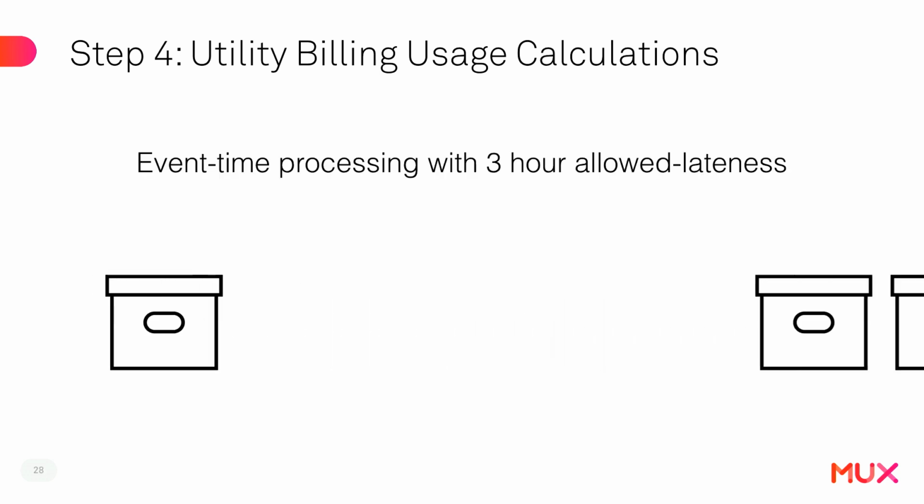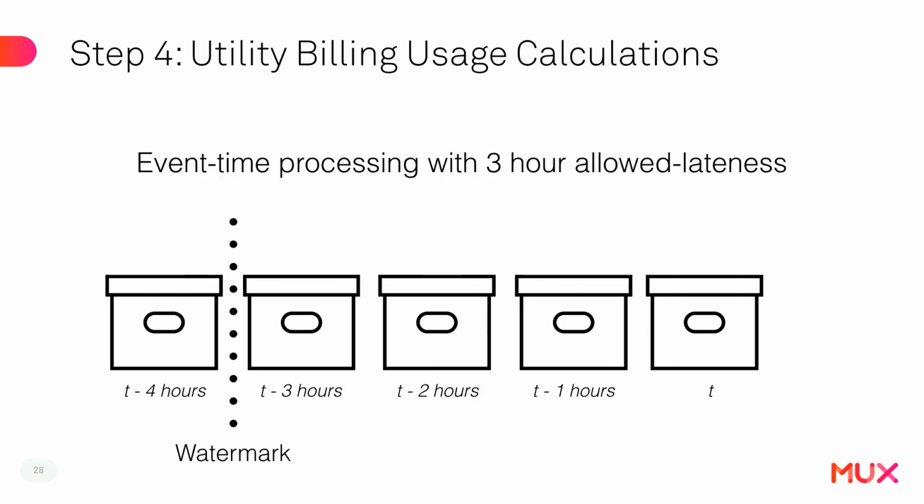So we support up to 3 hours of allowed lateness. This means that we don't consider a 1 hour window, either for calculations across a customer environment or for a specific video asset, to be final until we've received a log record that is at least 3 hours later than the most recent edge of the window.